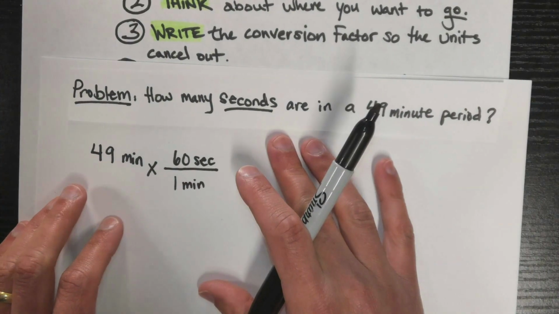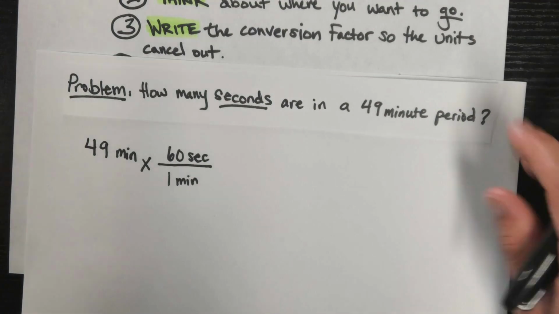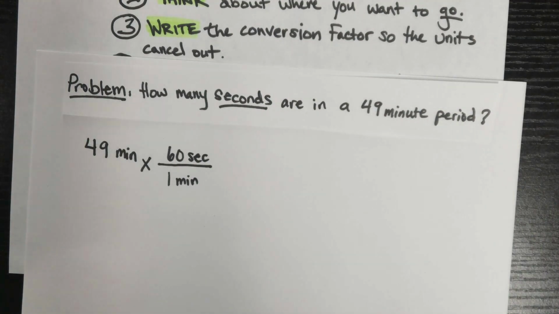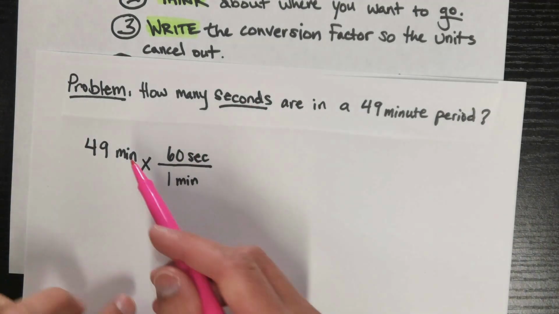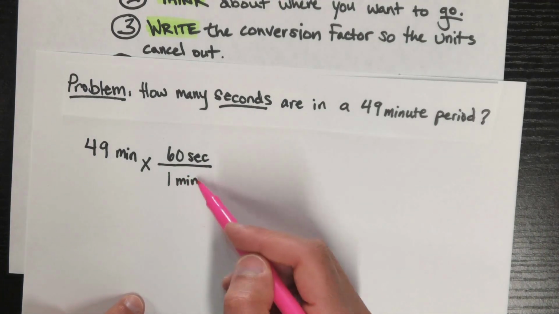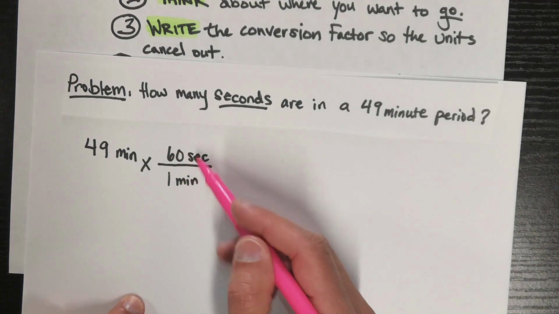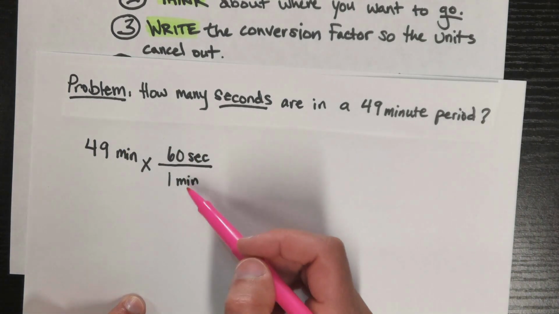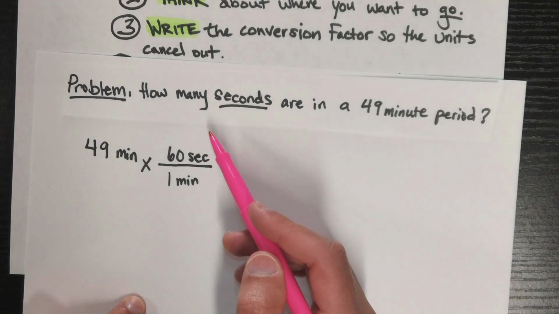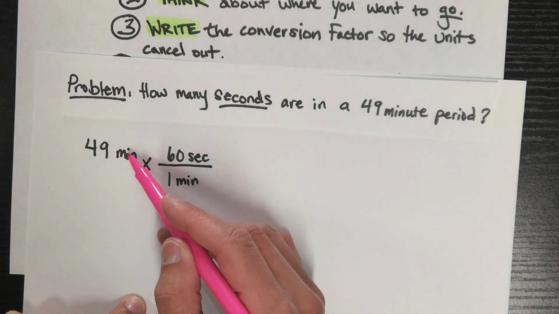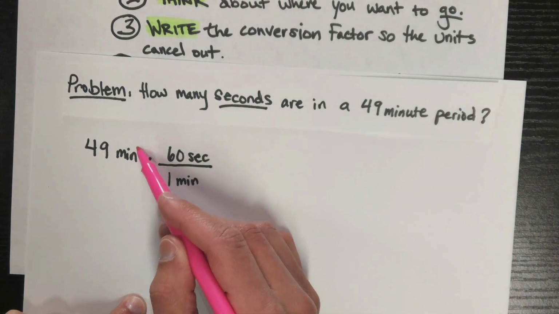If you don't know that, that's okay. All you need to know is that basic rule, that if something is on top, you can cancel it by putting it on the bottom. And because these numbers are equivalent, 60 seconds and 1 minute are the same, I can put either one on top or on the bottom, but I want to make sure to put it in the right order so that the math will work out later and that I'll actually be canceling units, not making the problem worse.